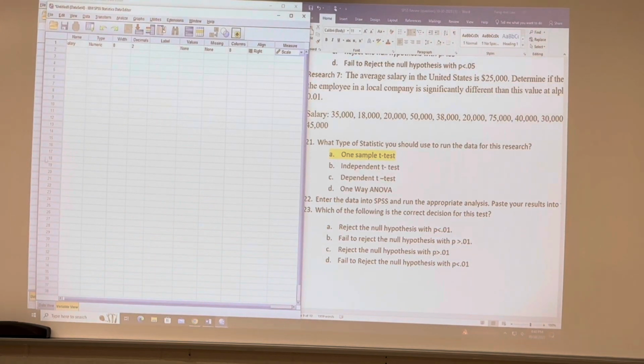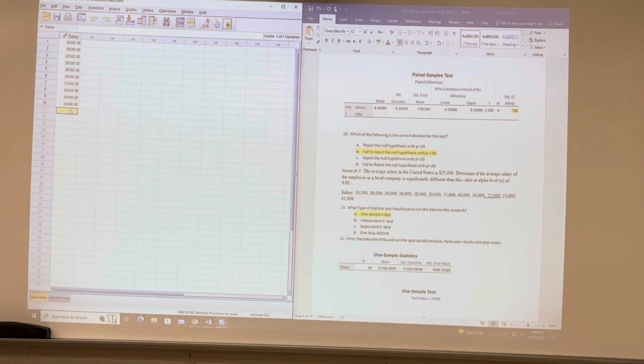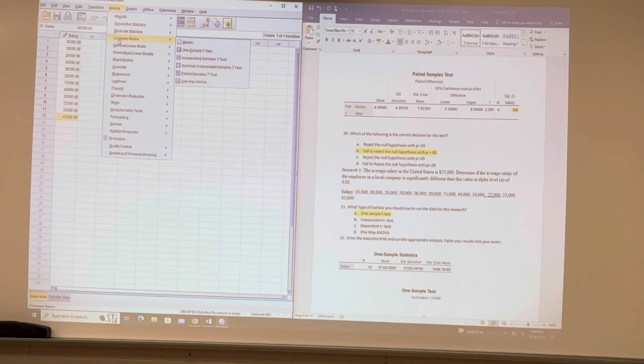Scale. Okay, now put down the numbers. The 30,000, and then I need to insert variable. Okay, so I need like 22,000, and then 23,000. Okay, let's see. So one sample T.